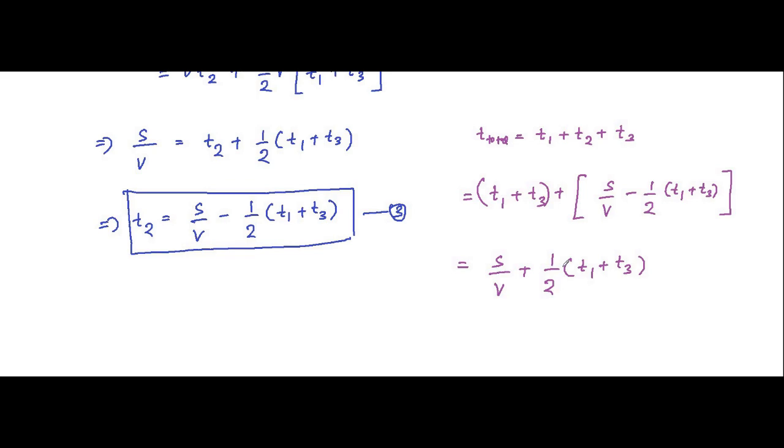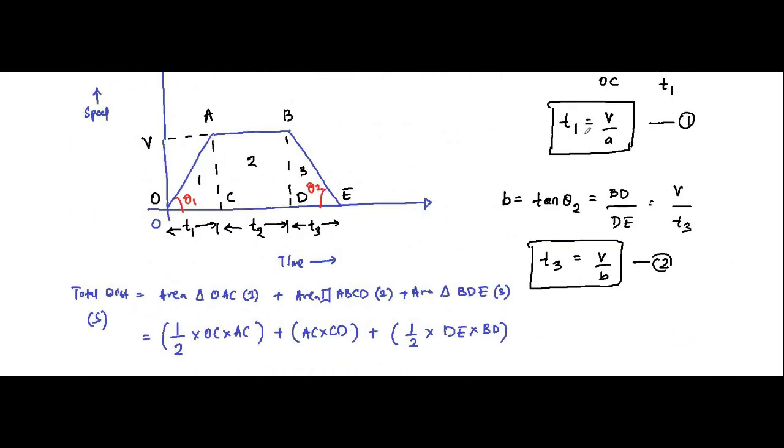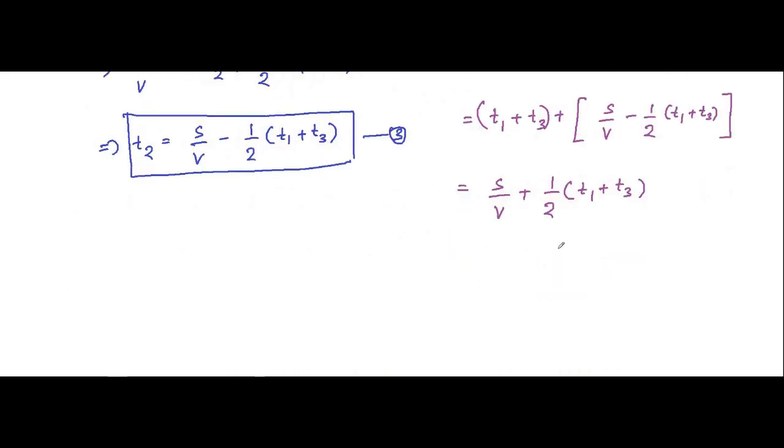Now go back to equations 1 and 2. T1 is equal to V by A, T3 is equal to V by B. So we'll substitute these values.